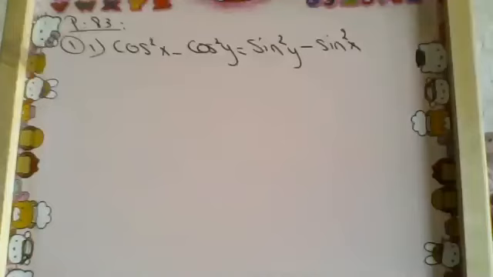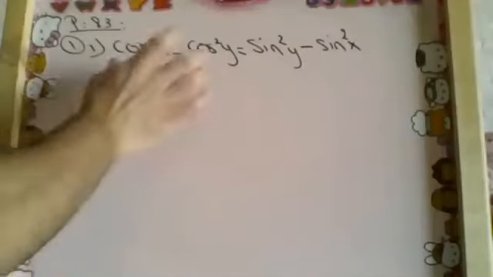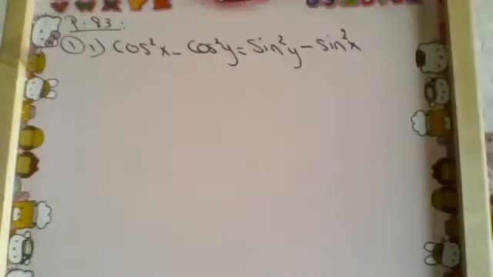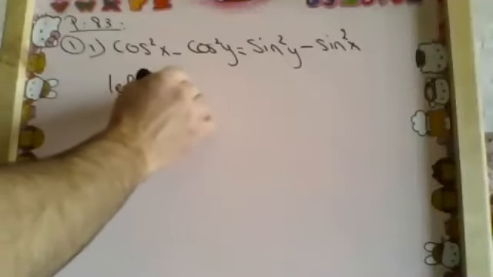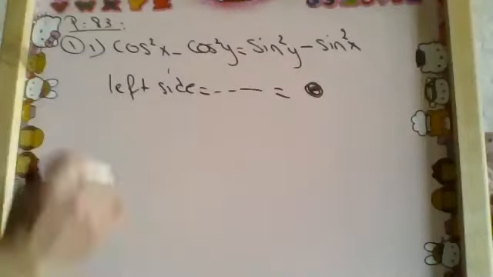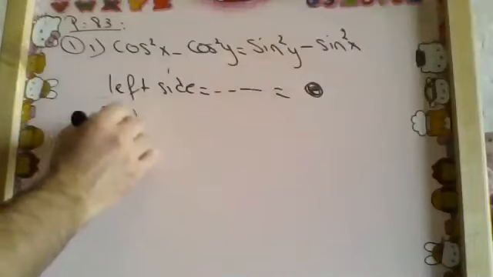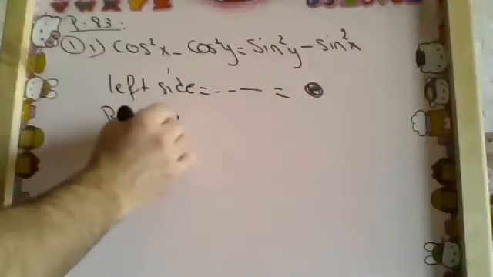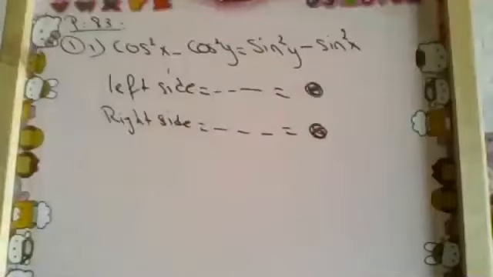The third way, you start from both sides. You simplify the left side and get an expression, which is not the right side. Then you start from the right side, simplify, and get the same expression.